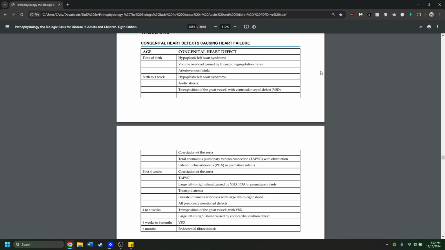In the first 4 weeks, there are coarctation of the aorta, TAPVC, or total anomalous pulmonary venous connection, a large left to right shunt caused by VSD or PDA in premature infants, tricuspid atresia, persistent truncus arteriosus with large left to right shunt, and all previously mentioned defects.